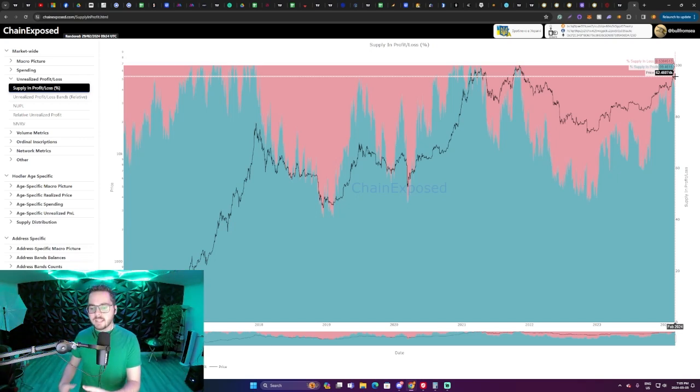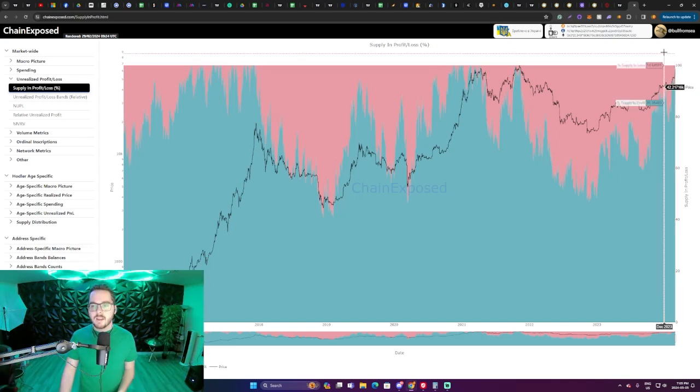And what's likely going to occur is over the next month or so, this chart is actually going to reset as new buyers come in. So as new people buy the asset, this chart is going to reflect those new purchases, and the percentage of supply that's in a profit is going to go down from the new buyers. So basically the dumb money is going to start to come in now.